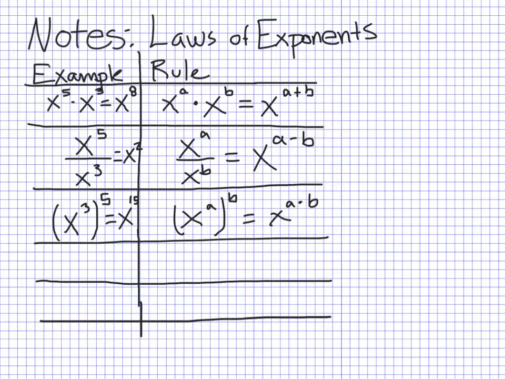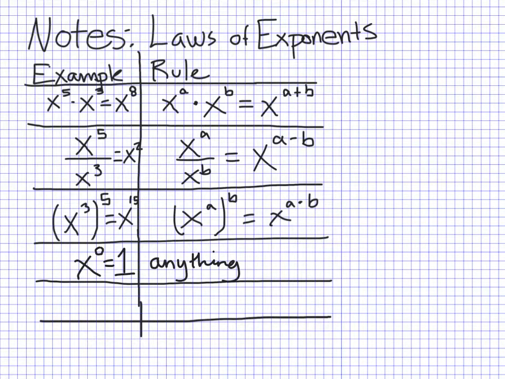Take those notes. So let's say what happens when you have a variable to the power of 0. No matter what that variable is, this is always going to equal 1. So for the rule, let's just write it out with words.